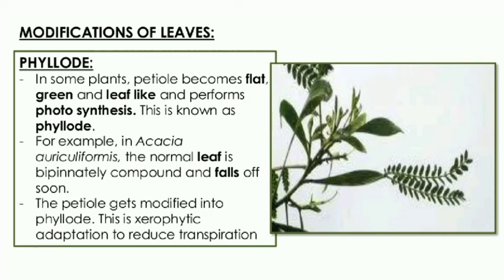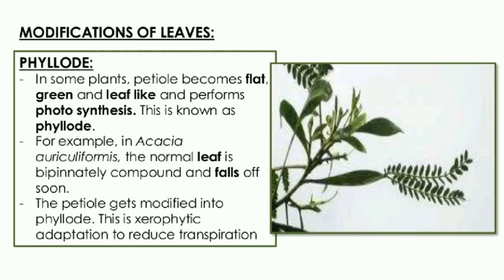In some plants the petiole becomes flat, green and leaf-like and performs photosynthesis. This is known as a phylloid. For example, Acacia auriculiformis, also known as Australian acacia, which was brought to India from Australia. The normal leaf is bipinnately compound.